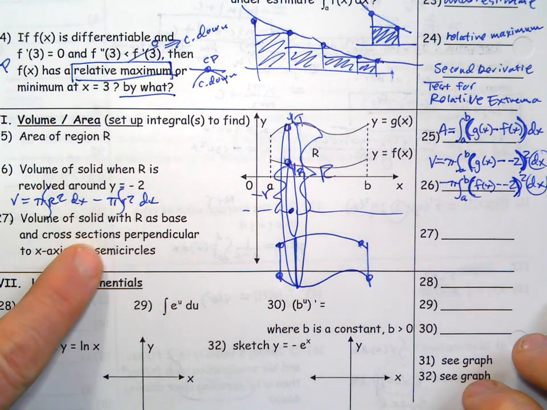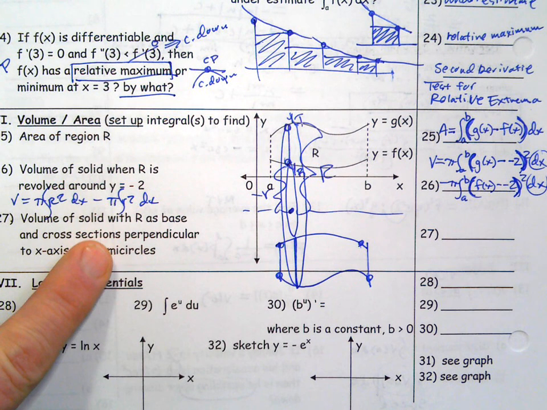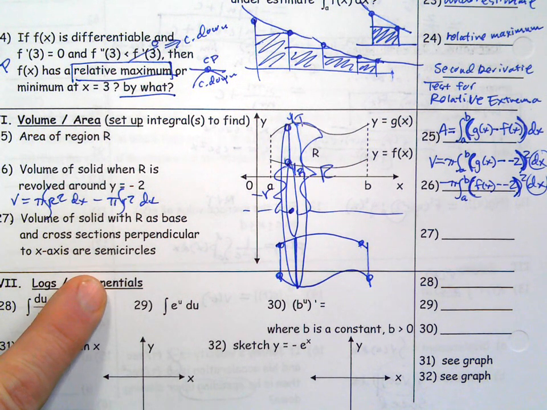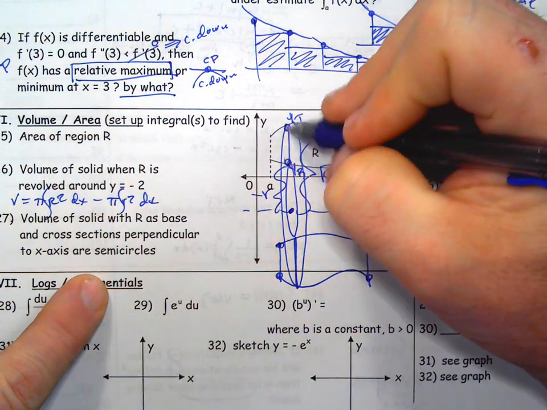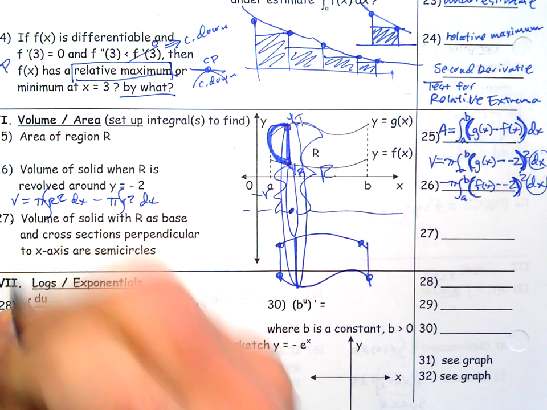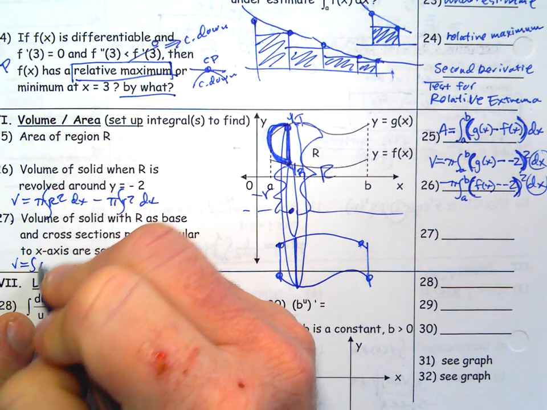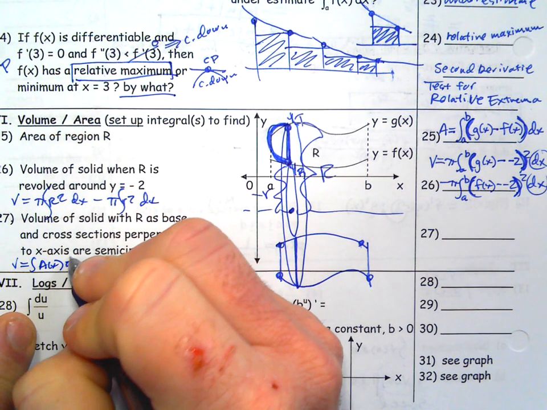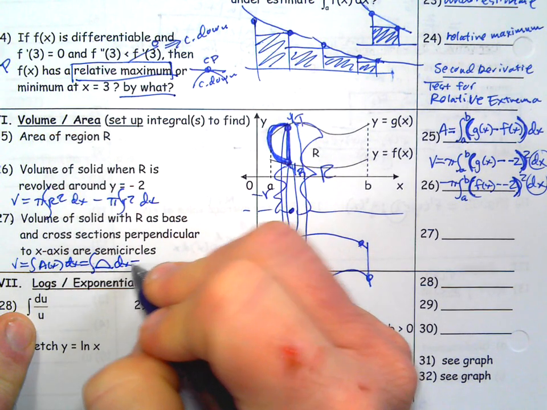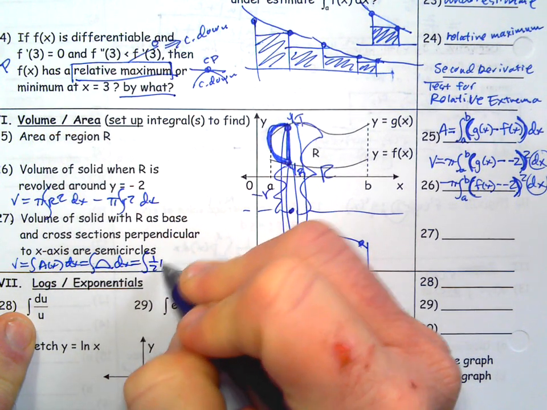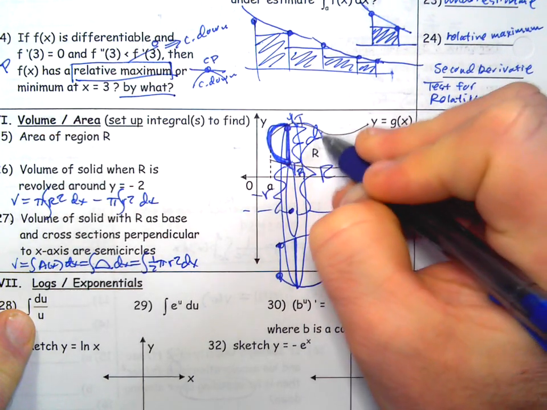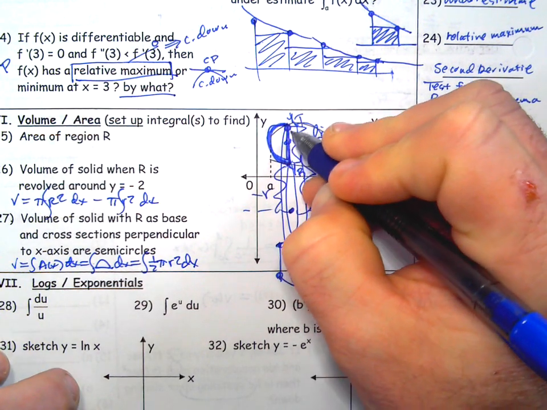27. The volume of a solid where R is the base and cross sections perpendicular to the x-axis are semicircles. So we're doing volume by cross section, right? And so for the volume, we need some area formula. It's a half circle, so it's one half pi r squared dx. Now this is the diameter, so half of that is the radius.